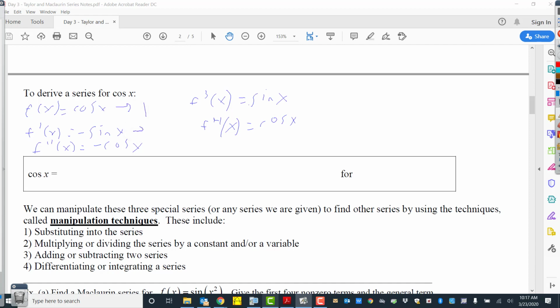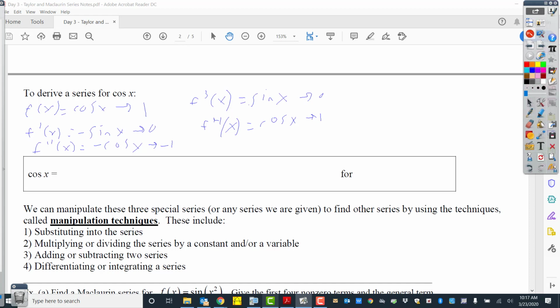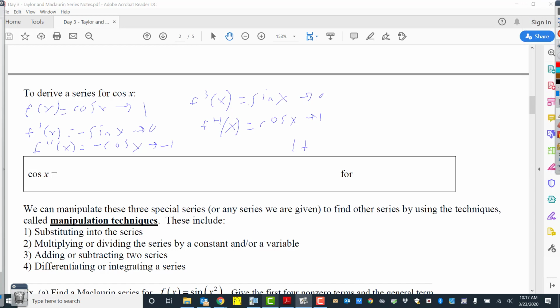Now this time I'm not going to do any more because look, we have terms that work for us. That's 1, 0, negative 1, 0, and 1. What we'll notice is this is going to end up looking very similar to the sine series. The only difference is instead of using the odd terms, we're going to use the even ones. So we have f of x first, so that's 1, plus f prime of x times x.